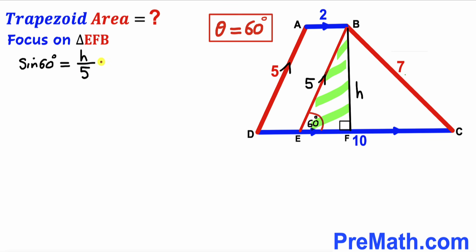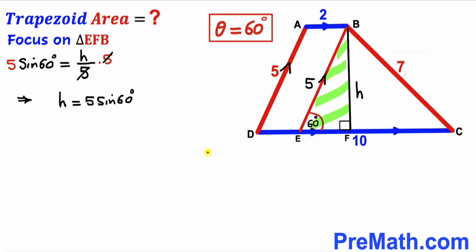Now I'm going to isolate height h by multiplying both sides by 5, so the 5s cancel on the right. Our height h is equal to 5 times sine of 60 degrees.